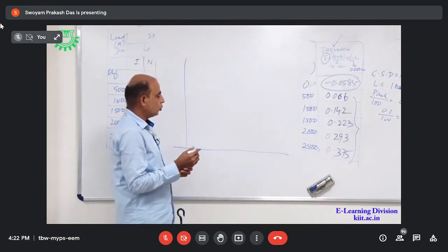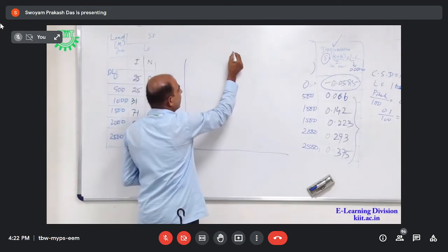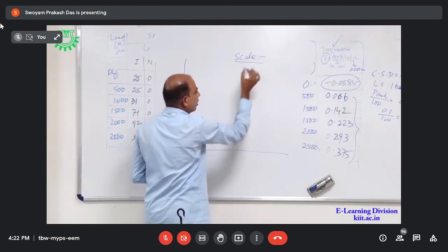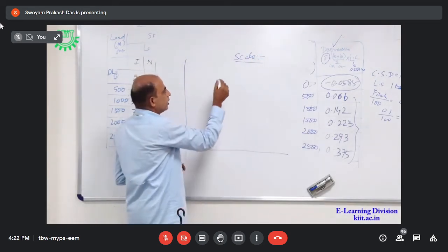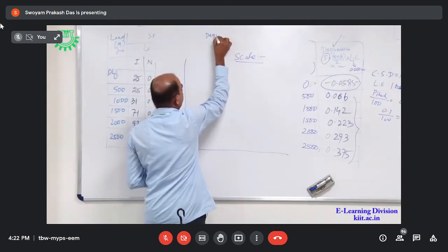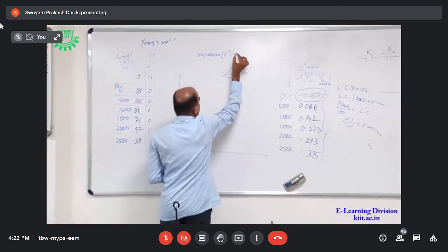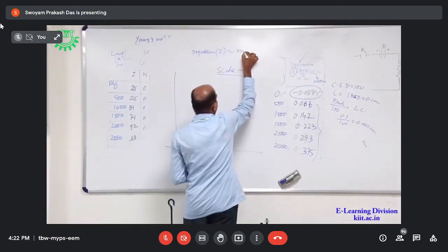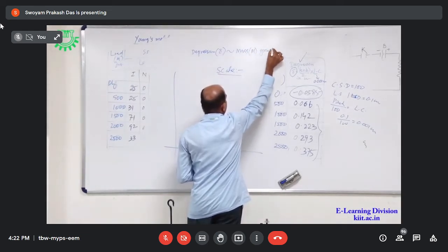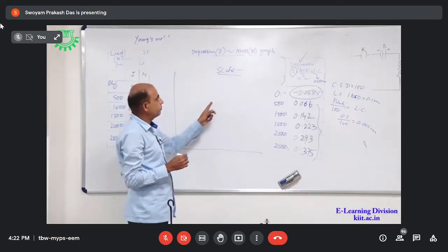slope. So, we will first find the scale, and the name of the graph must be mentioned at the top of the graph paper. This graph is depression delta versus mass, that is M graph. That is the heading of the graph. It must be mentioned at the top of the graph sheet.